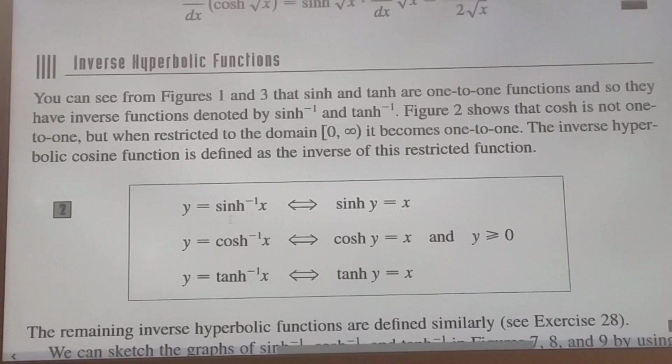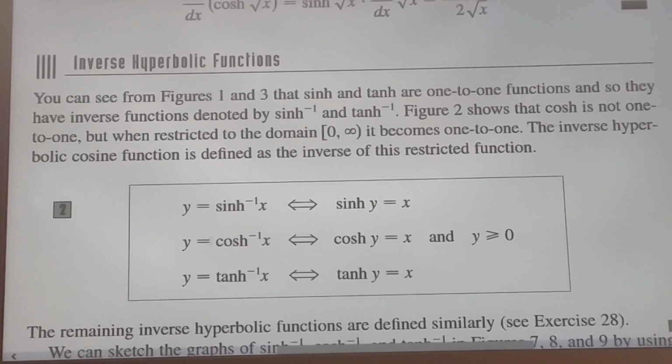All right, if we use the inverse of cosh x and the inverse of sinh x, some books write it as arc sine, some say arc cos, some say arc tan. It's still the same. So sinh y is equal to x. Now it's an inverse.